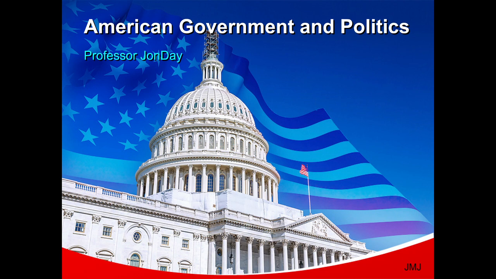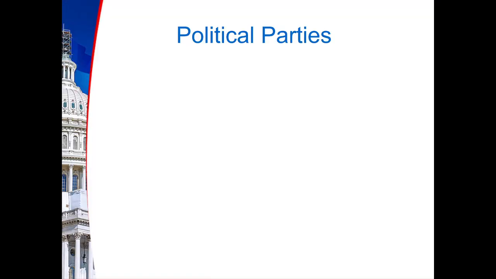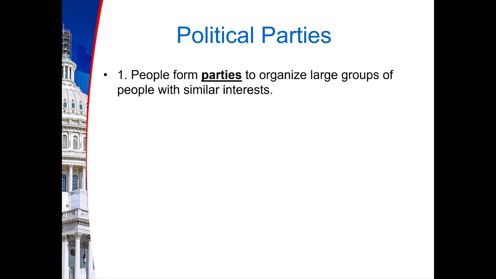In this lecture, we're going to be looking at political parties. So why do political parties form? Well, first, people form parties to organize large groups of people with similar interests. In our government system, when you're trying to get people elected and policies passed, it helps to form groups of people with similar interests.